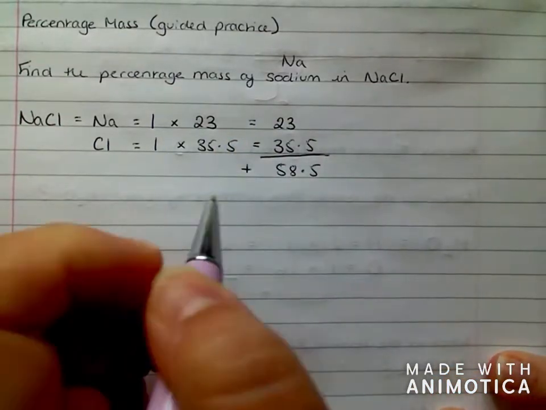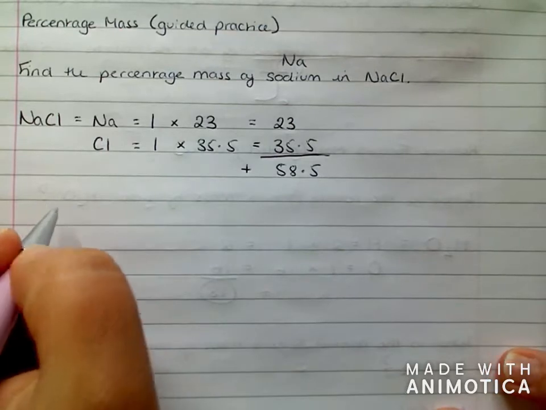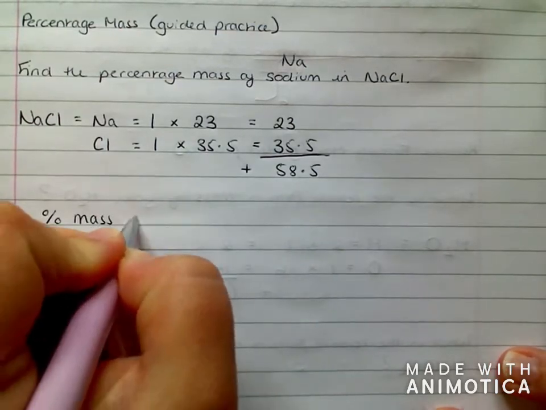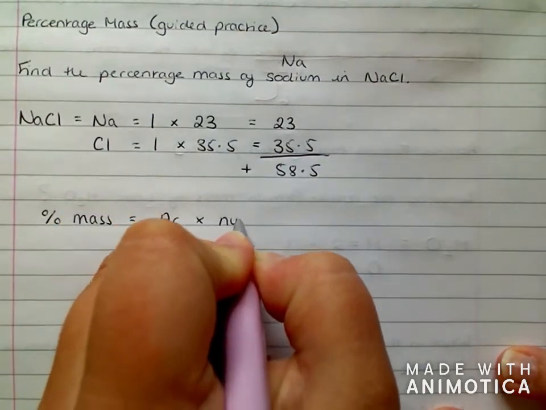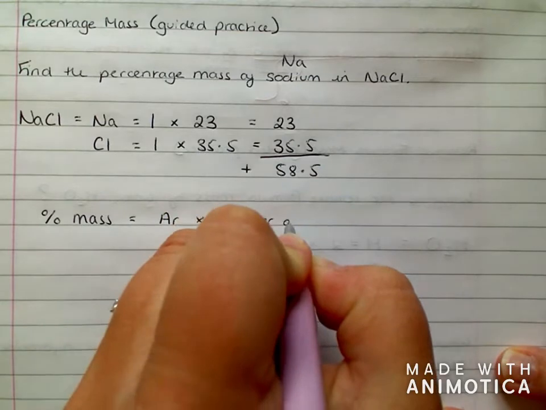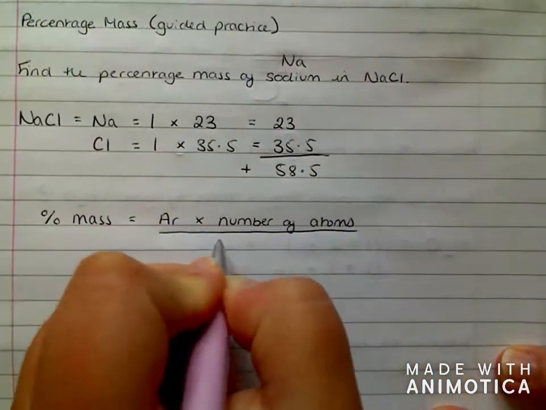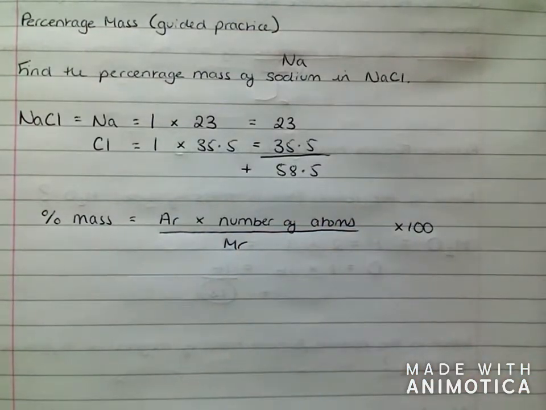And that's my MR, my relative formula mass. And now I write out my equation. So percentage mass is AR times number of atoms divided by the MR and then times by 100.